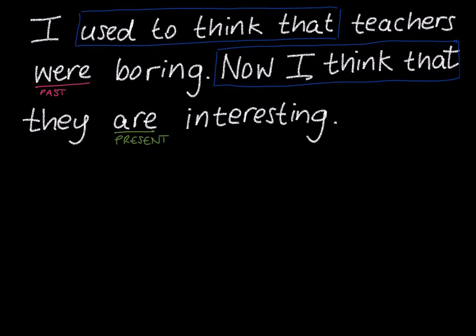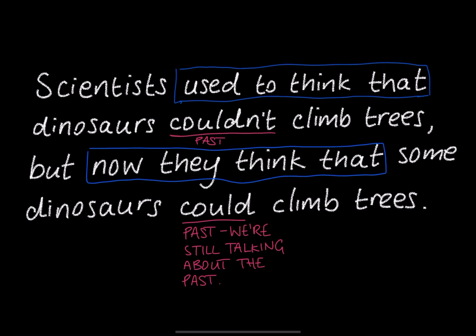So be careful to use the correct timing, okay? The correct time of your verb. Were boring, are interesting. So I used to think that teachers were boring. Now I think that they are interesting. Scientists used to think that dinosaurs couldn't climb trees, but now they think that some dinosaurs could climb trees.